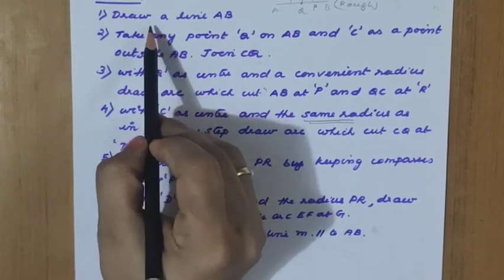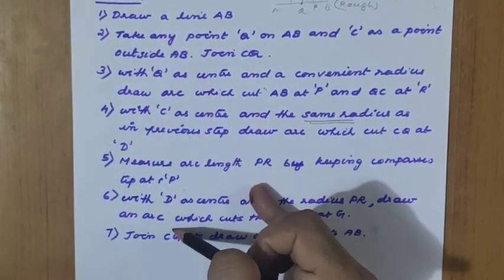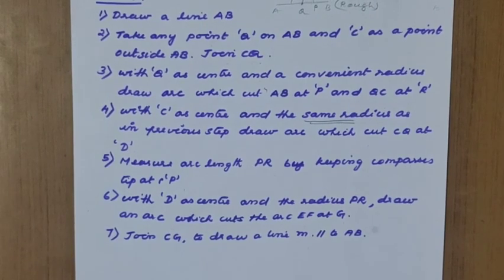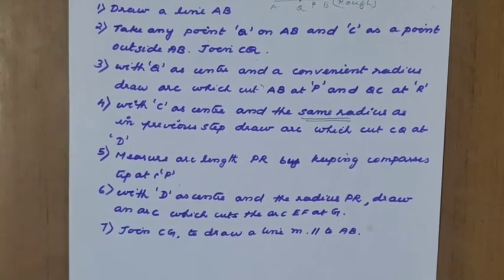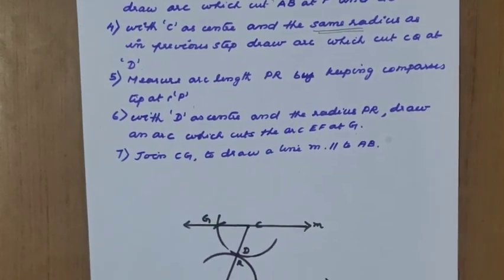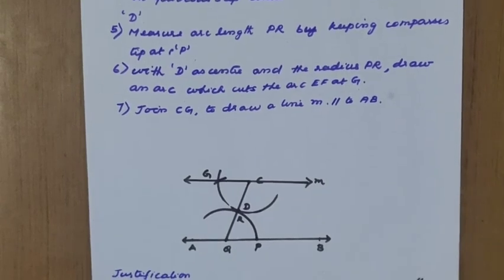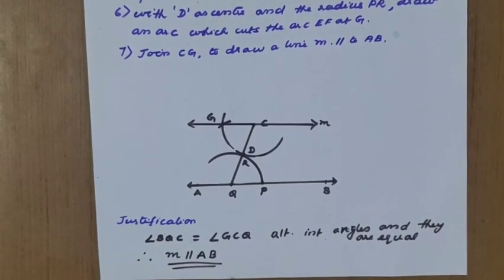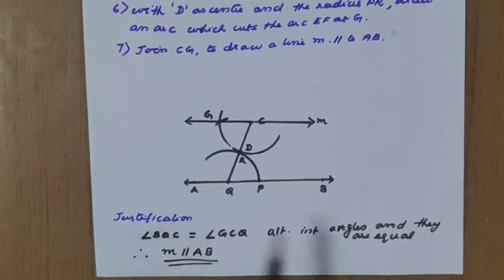Next, steps for construction, all the steps to be written neatly. Then we have to see the construction. Third part is the original diagram, next justification. If the question is not asked for any justification, you can avoid this step.